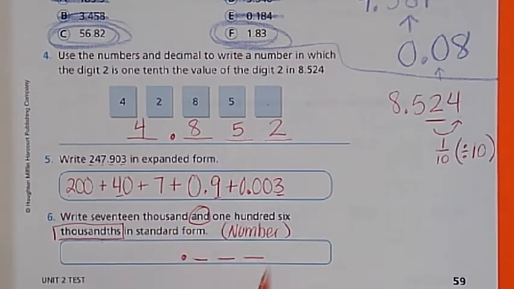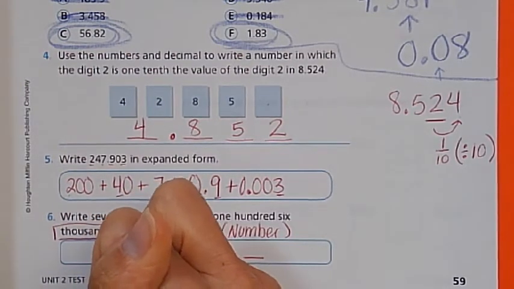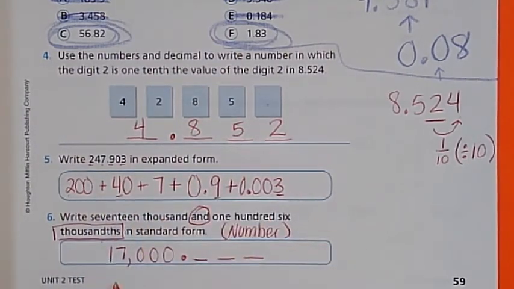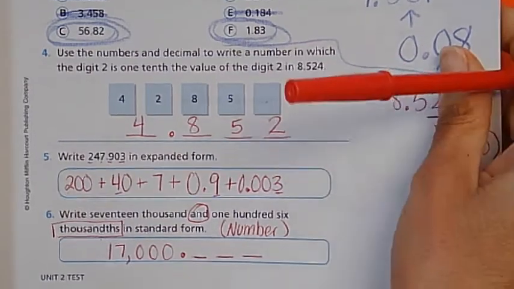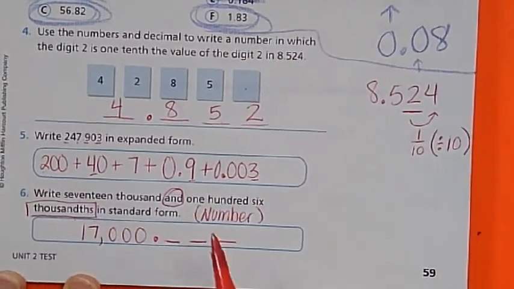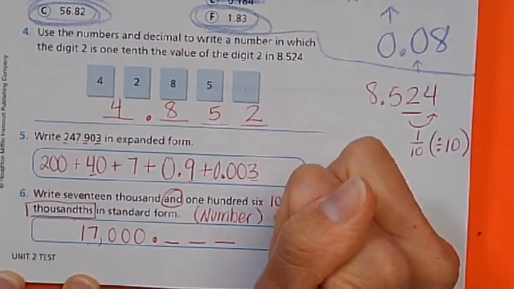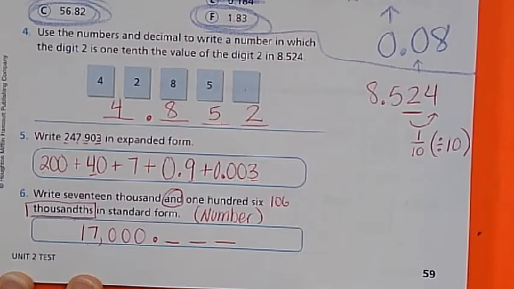17,000. Well, so that's going to be 17, comma, 1, 2, 3 zeros for 17,000. And then I need to go ahead and fill in the back. It's 106, which as digits, looks like this, 106. And I'm going to just place those here because I need to get the 6 in the last place.